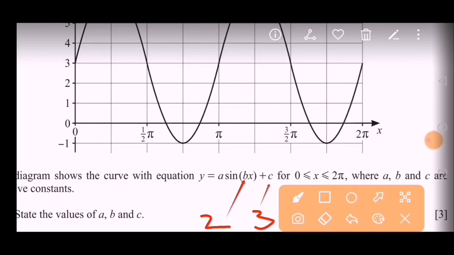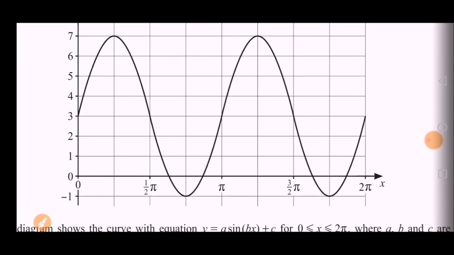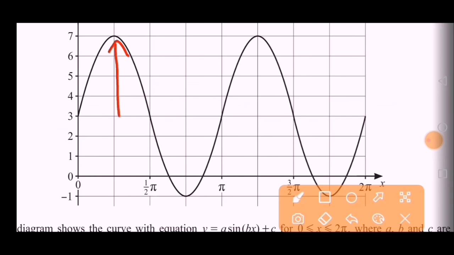For us to get the value of A, we look at our graph once again. Remember I said the peak value for the graph of y is equal to sine x is 1. But in this case, let's look at this distance here from 3 to 7.